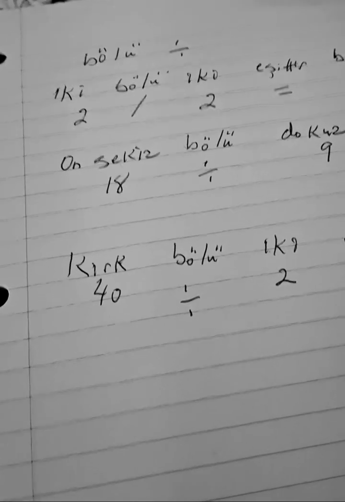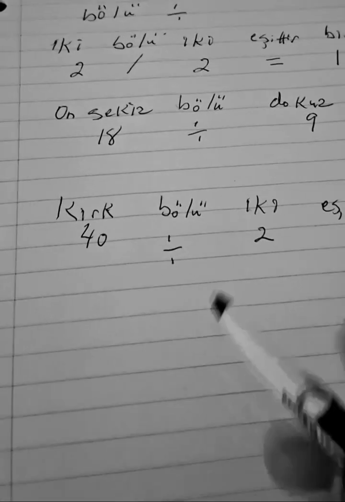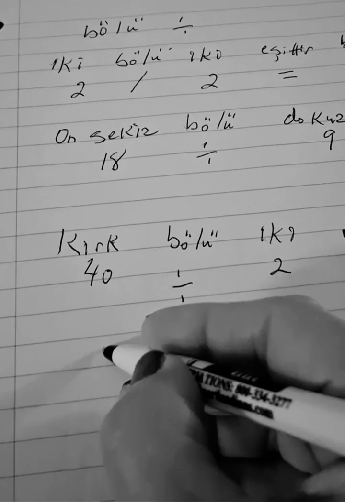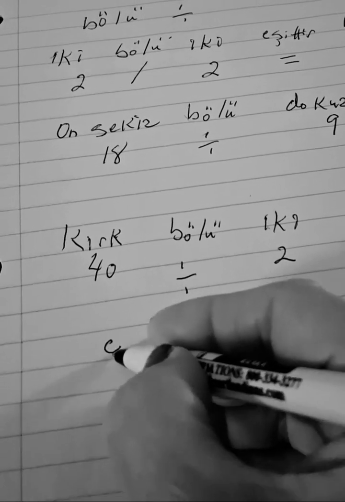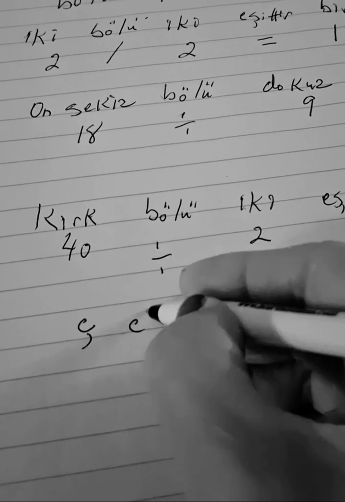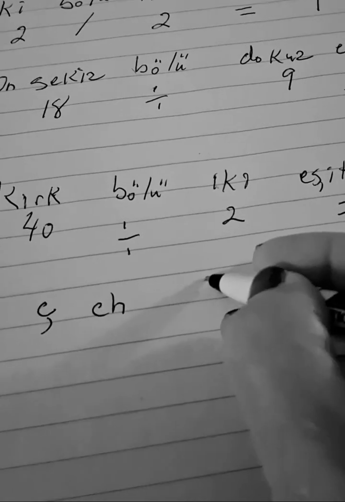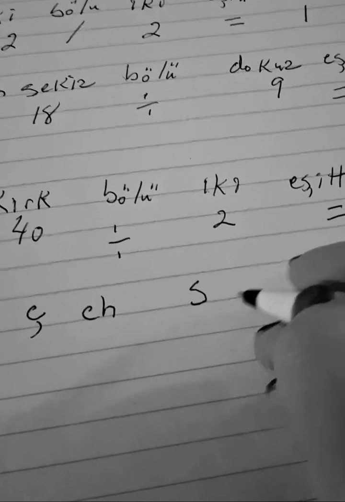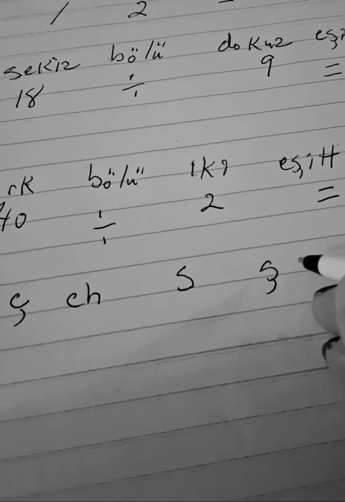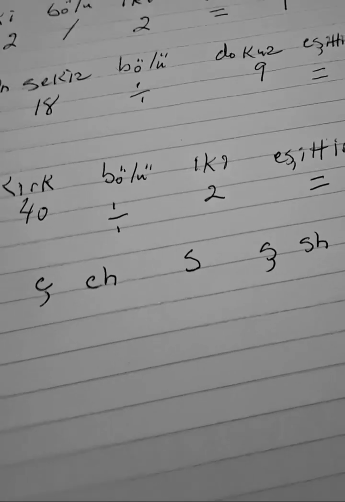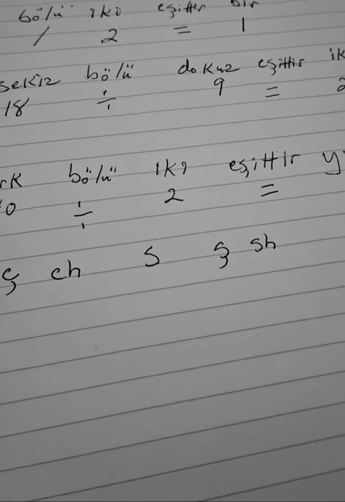Okay, so hopefully this gives you some idea. Now, there's a few things that I want to point out. If you see this, that is a ch sound. If you see this, it's a regular S sound. If you see this, it's an SH. And those are some things to remember about Turkish.